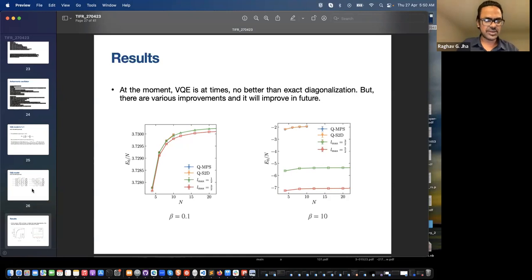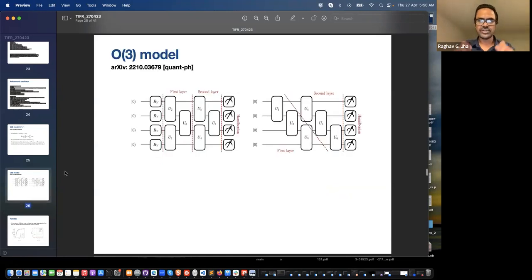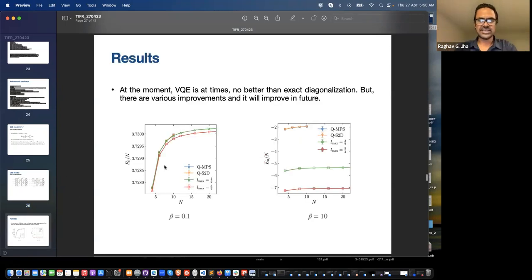They did this calculation using this ansatz and computed the ground state energy of the O3 nonlinear sigma model, and these are the results they get. On the left is for some value of beta, on the right is for a larger value of beta. As we can see, the results for smaller beta are good, but the results for large beta are terrible.